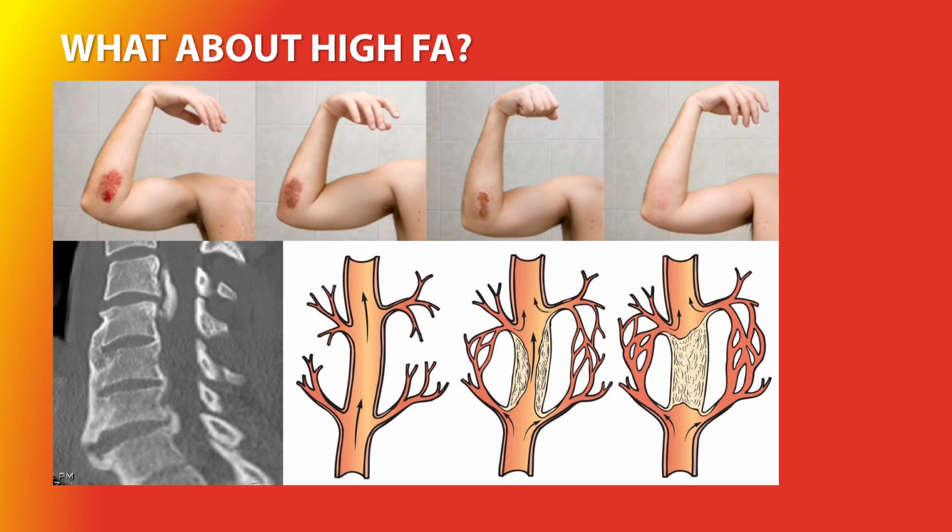So let's talk about how the body might try to repair itself. If you look at the top of this picture, you'll see that there's a bruise to the elbow, and over time, it goes away. It may even completely disappear. So let's look now at the lower left-hand corner, and you'll see the mid-portion of a cervical spine, the neck.